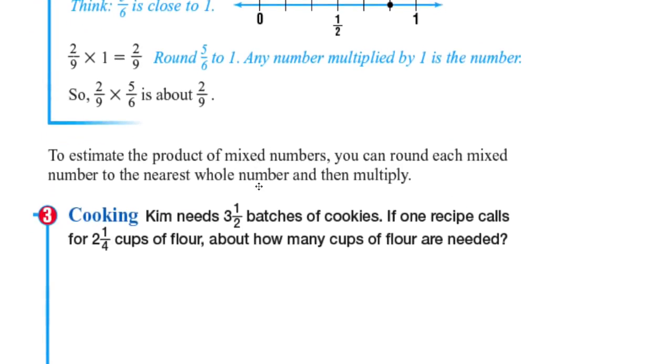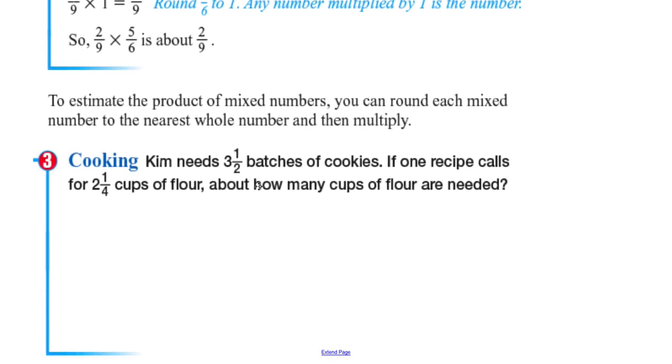To estimate the product of mixed numbers, you can round each mixed number to the nearest whole number and then multiply. In cooking, Kim needs 3 1/2 batches of cookies. If one recipe calls for 2 1/4 cups of flour, about how many cups of flour are needed? The word about tells you that you need to estimate 3 1/2 times 2 1/4.